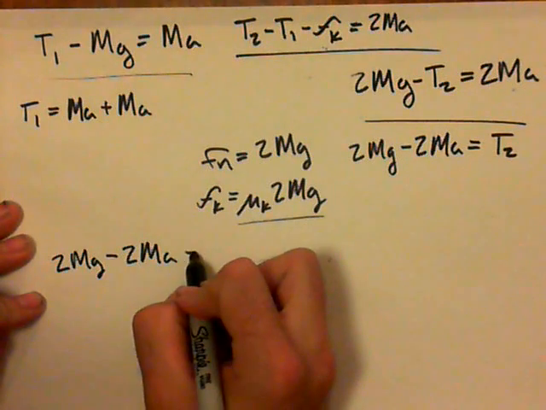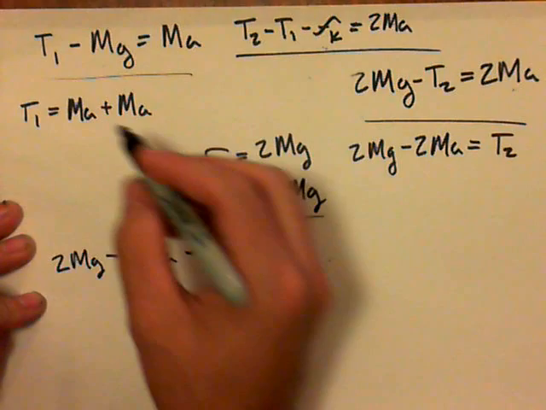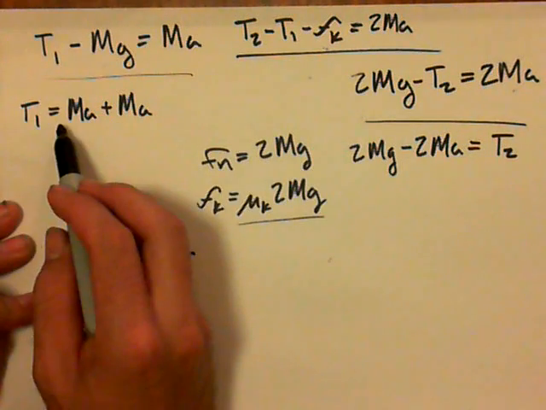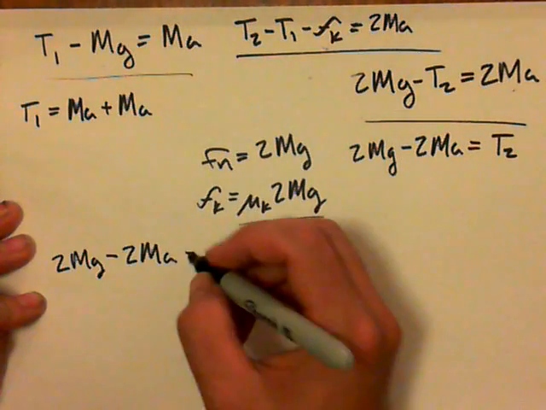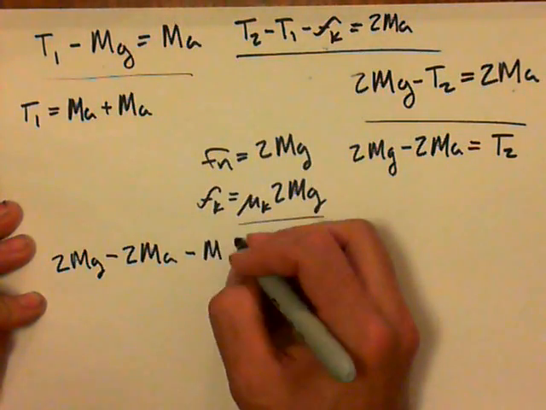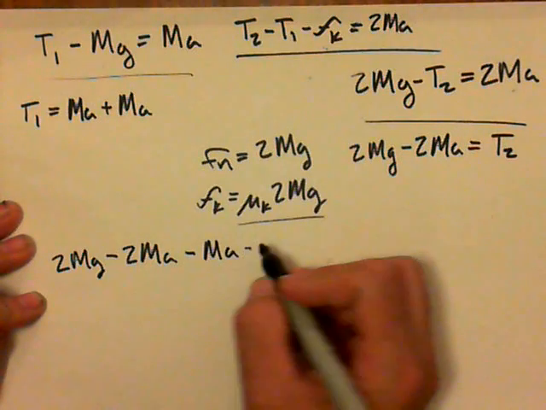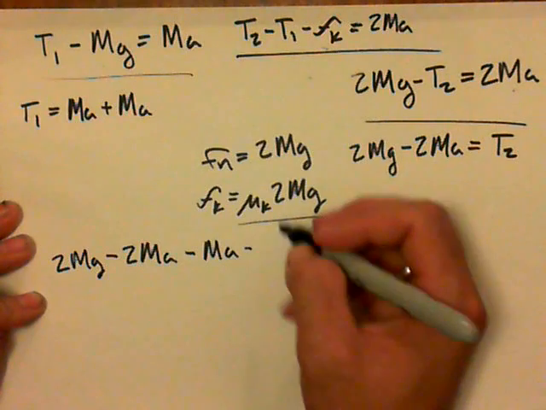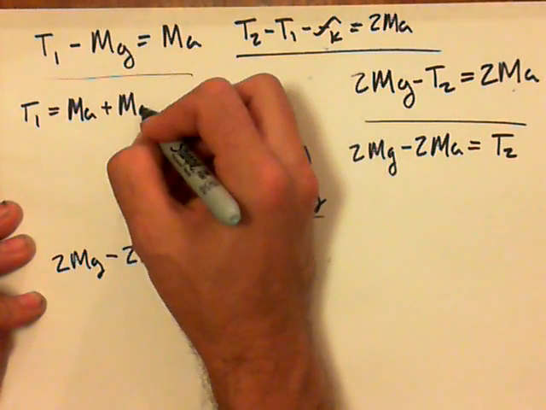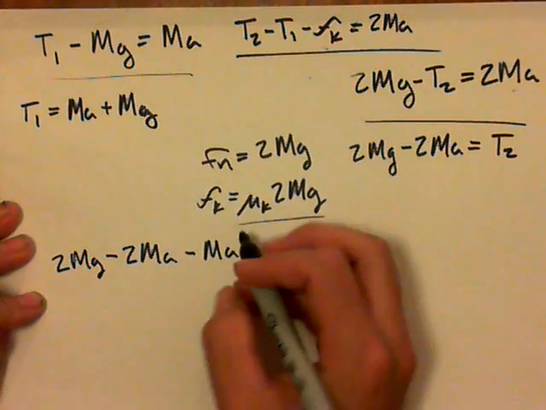And then we have minus, so I'm just going to go ahead and distribute out this negative, so it'll be negative our mass times acceleration. That'll be negative our mass times gravity.